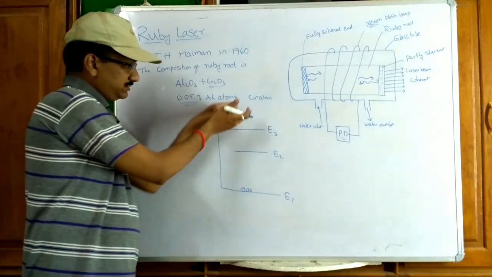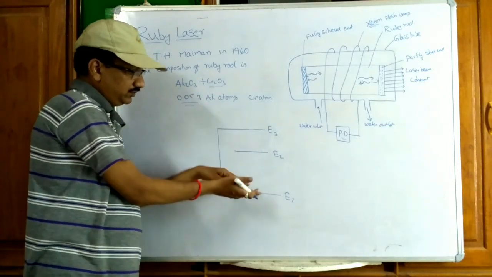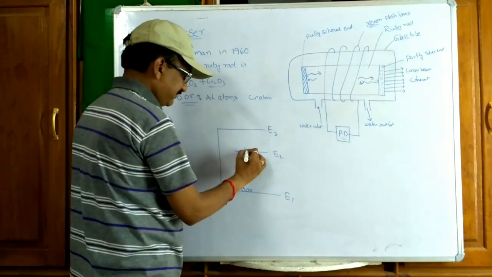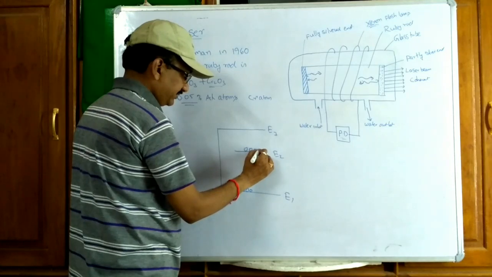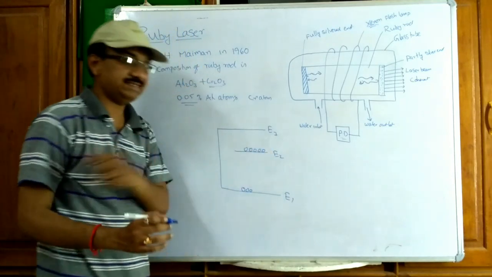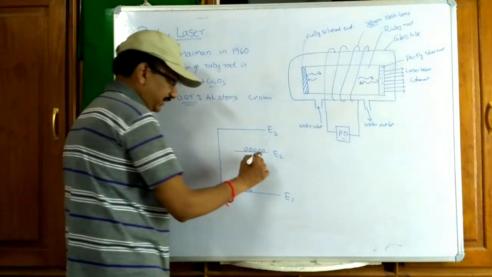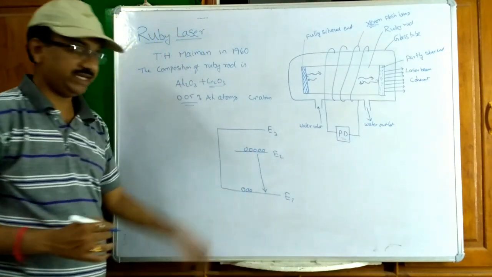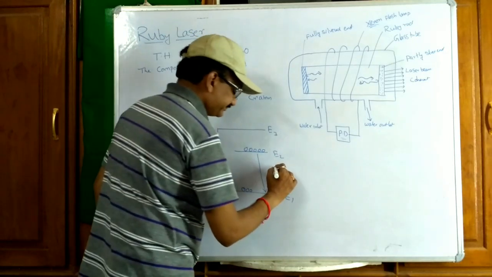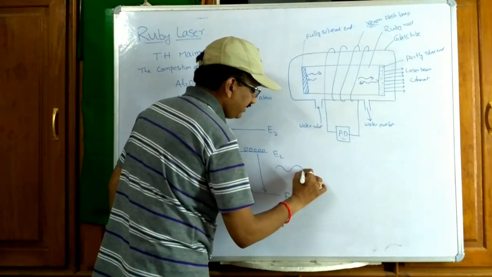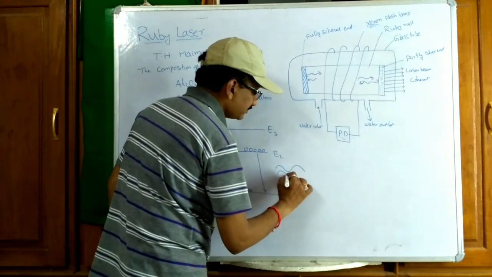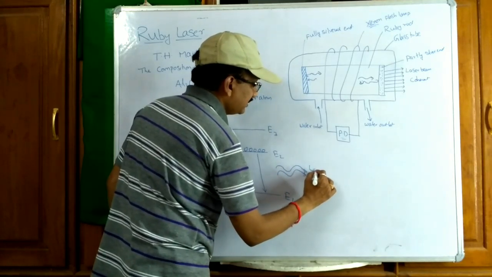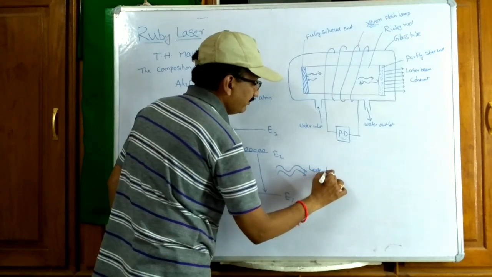They won't come to the ground level from the excited level itself. More and more atoms assemble here, and slowly they come to the ground state, and meanwhile they release coherent radiation. This is called the laser beam.